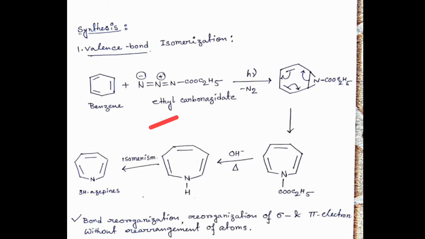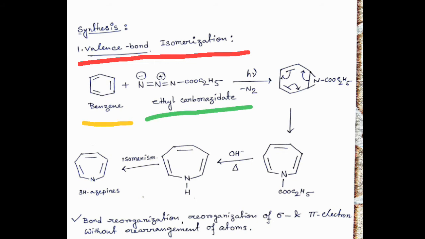So this is the synthesis of azepines. The title of the experiment is valence bond isomerization. The first reagent used is benzene, and the second reagent used for this reaction is ethyl diazoacetate.